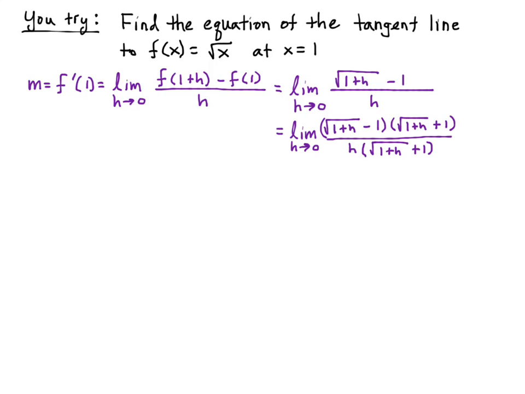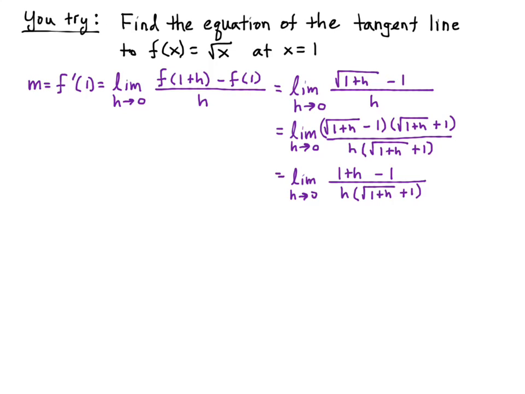All right, and we get this thing that looks like we're making it a lot worse than it really is. So when we expand the multiplication of that expression times its conjugate, it just squares the square root, so we get 1 plus h for the first part, and then the second part it's minus 1.